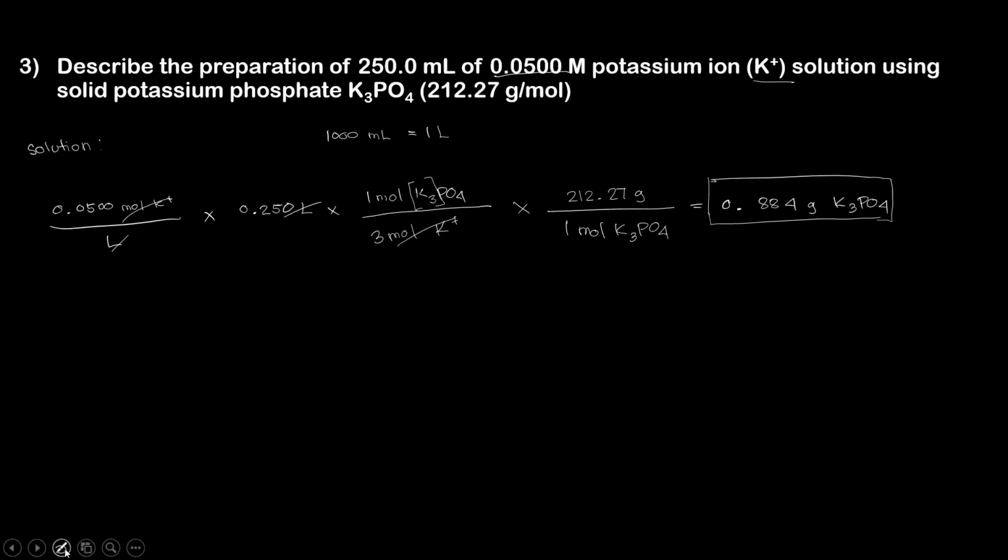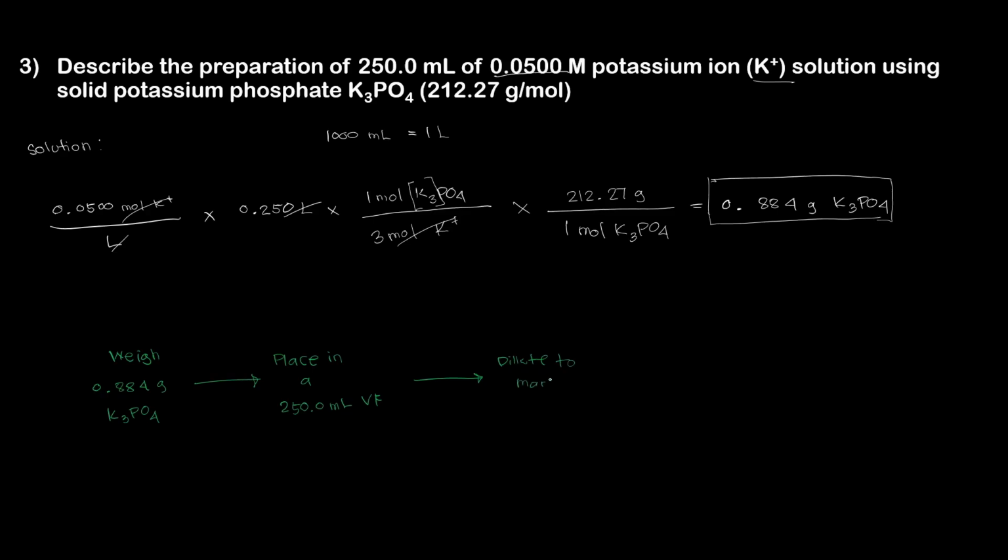Now let's describe how to prepare this. As usual, let's start by weighing. What was our result? 0.884 grams potassium phosphate. After weighing that, place it in a 250 ml volumetric flask, and then dilute to mark.